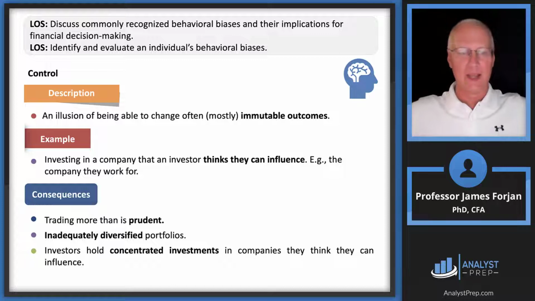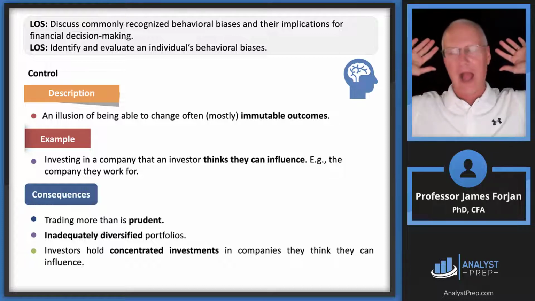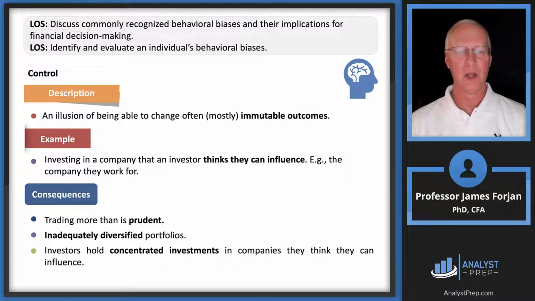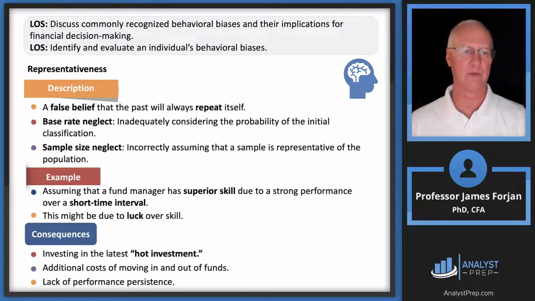But you can't have influence on what the entire world is thinking about the company. So while you have minor influence, you don't have enough influence there. What this tends to do is over trading. You see this in the mutual fund manager, what they call turnover. Inadequately diversified portfolios and concentrated investments. That makes sense.